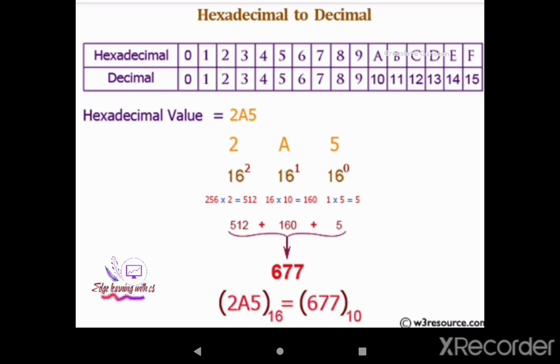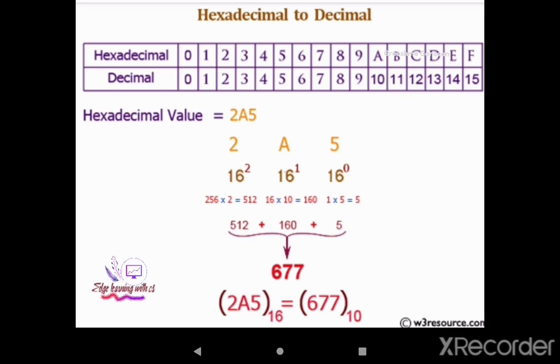Let's have one more example. You can see the table displayed here for the hexadecimal values and the corresponding decimal values. We have the question 2A5. 2 will be 2, and A can be replaced with the number 10. Then 5. That means 2, 10, 5 will be the question here.